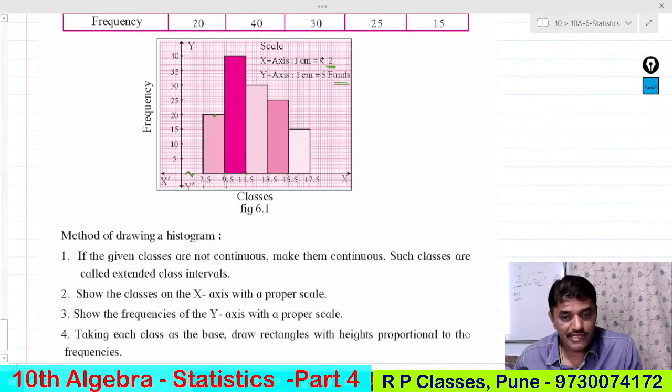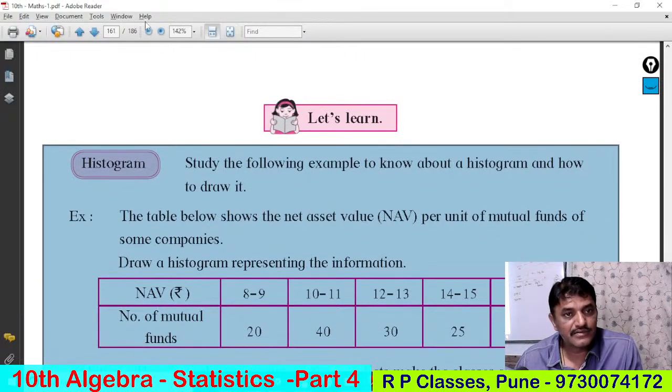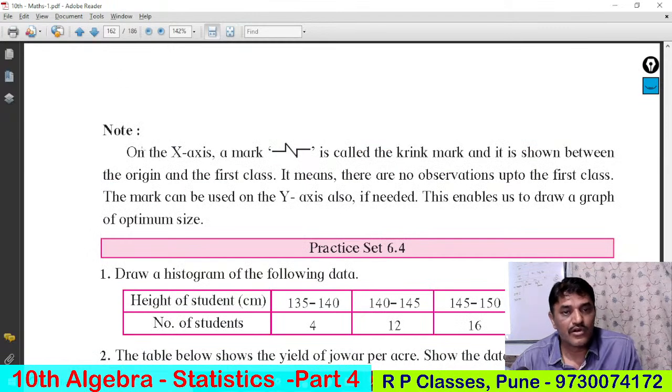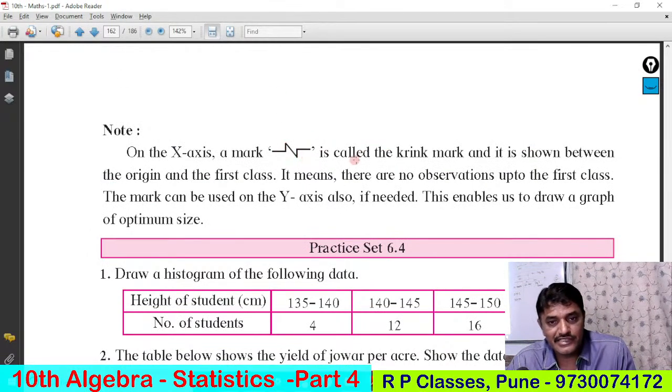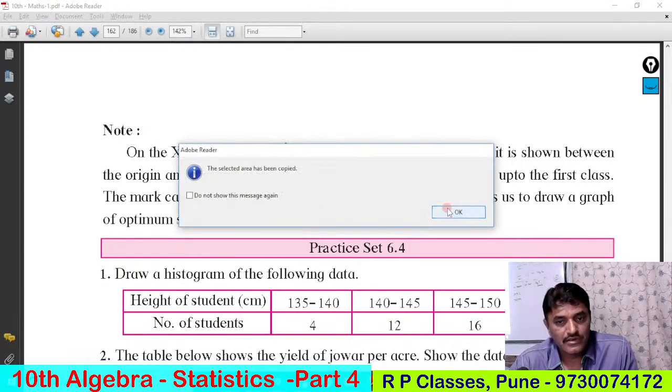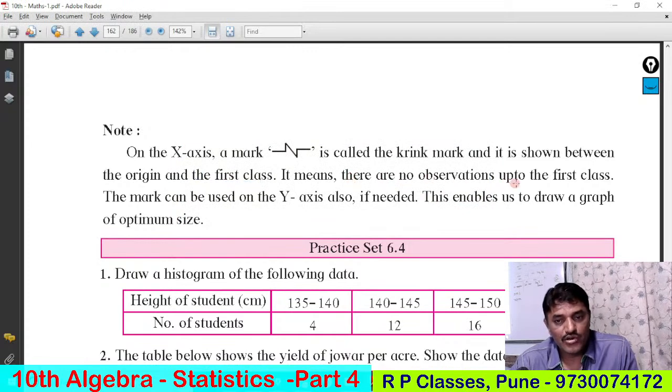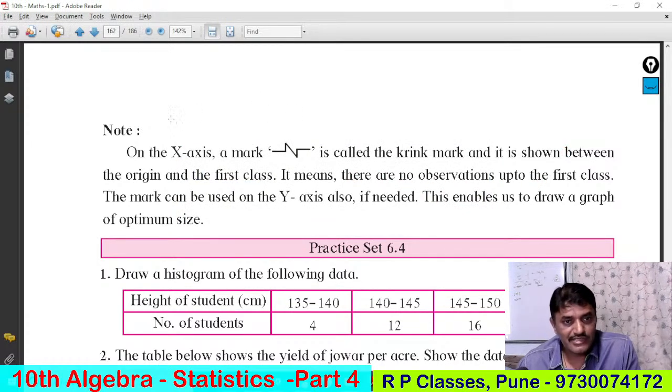Okay, what note is given here? Note says, on the x-axis the mark, this is called kink mark. It is shown between the origin and the first class. Okay, it means that there are no observations up to the first class. So what does this represent?